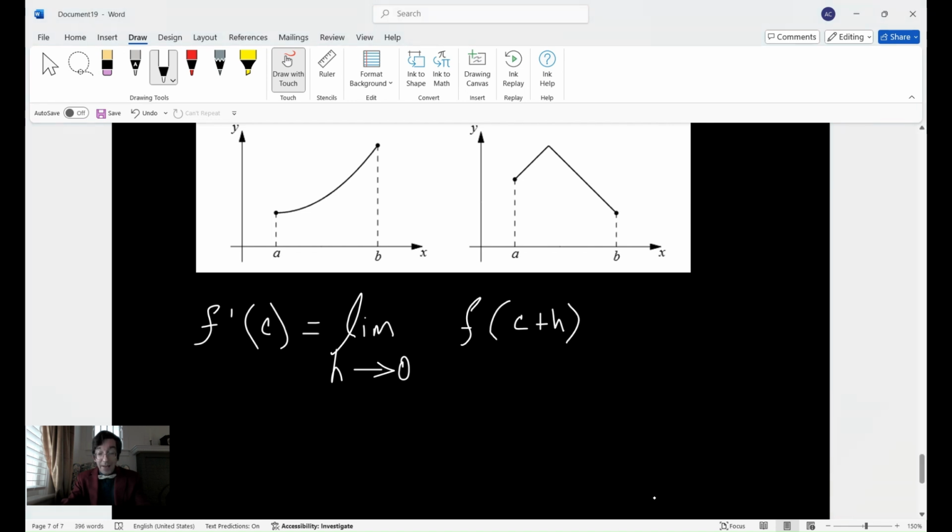So minus f of c, and all of that is going to be over h. I don't like the way my h looks. It looks sloppy. That's better.